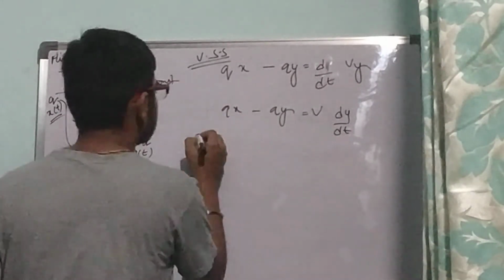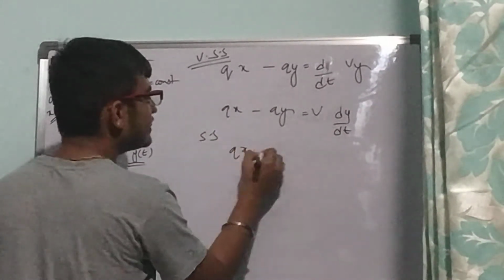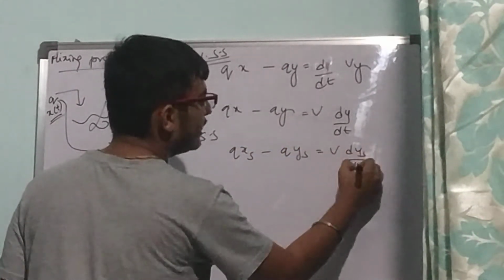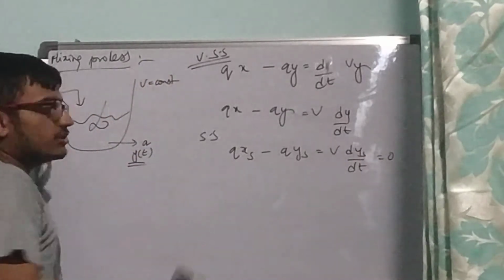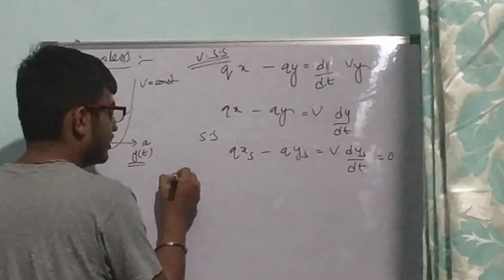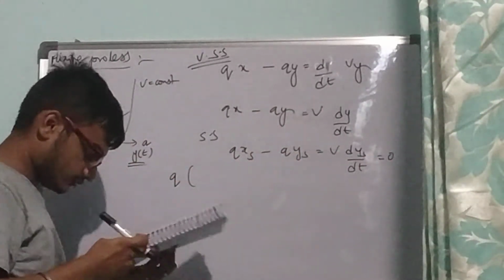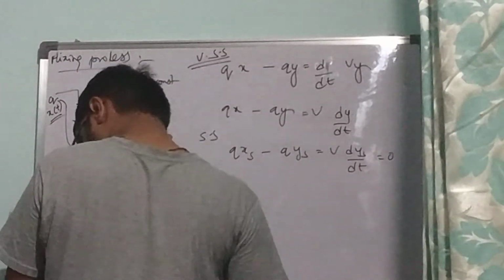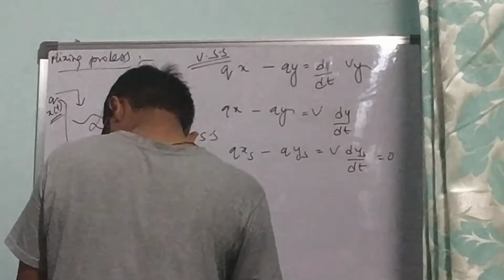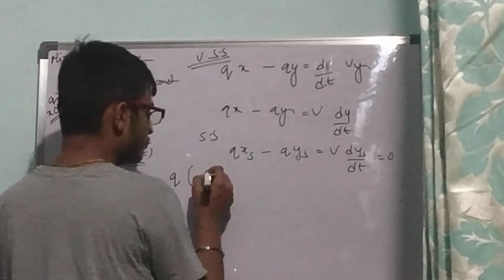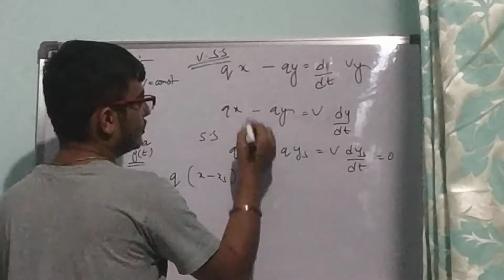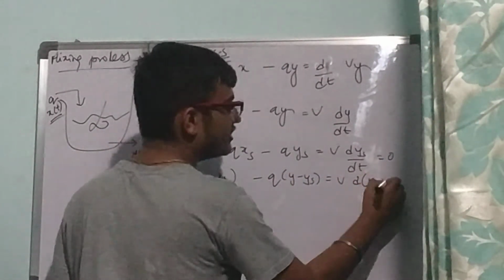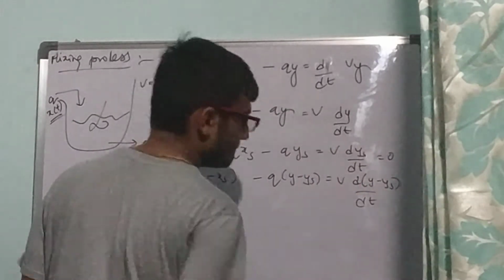Okay, so that is unsteady state. Now steady state is qxs, qys, and v into dys by dt, which is generally 0. So now again unsteady state minus steady state: q into x minus xs, minus q into y minus ys, equals v into d of y minus ys by dt.